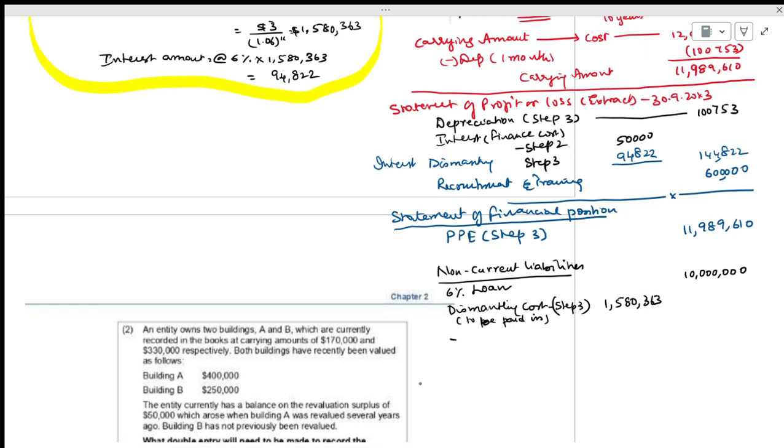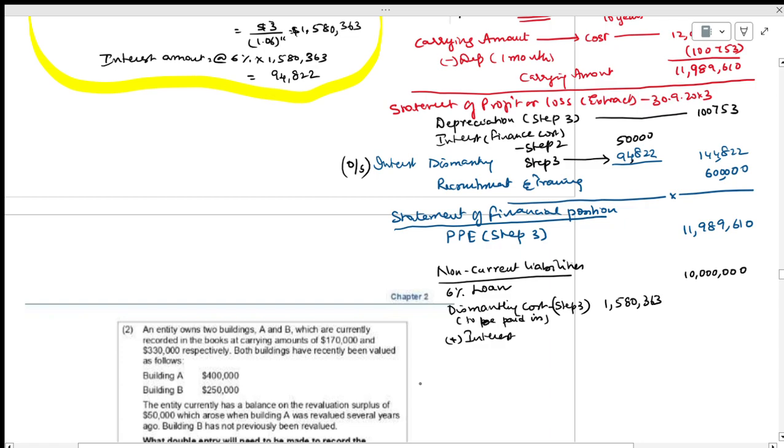Plus we have calculated interest also. Interest on dismantling cost is 94,822. This has to be paid. In other terms, it is outstanding.